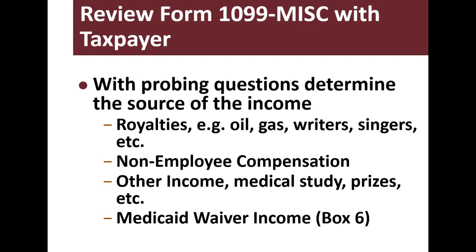Is it non-employee compensation for some work they do? Is it other types of income? Sometimes it could be unusual, but you have to sort of ask those questions to determine what's the appropriate way to enter this income into the return.